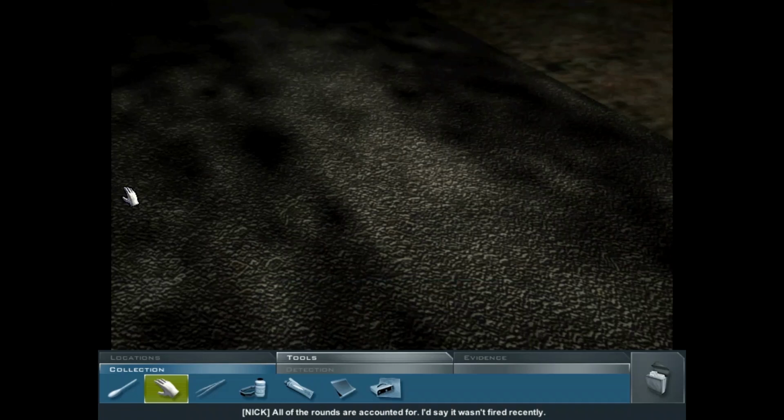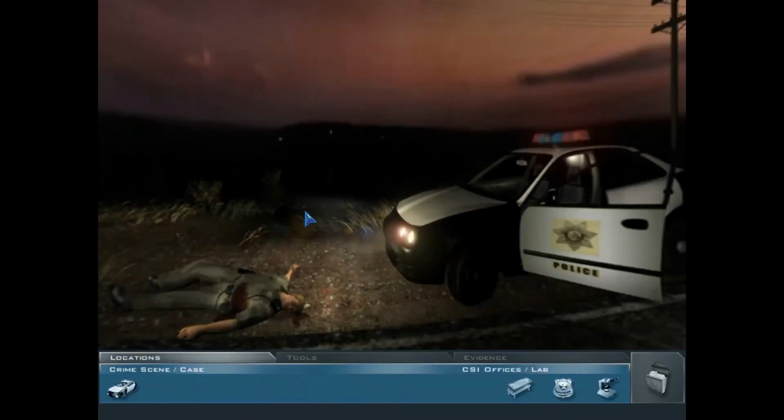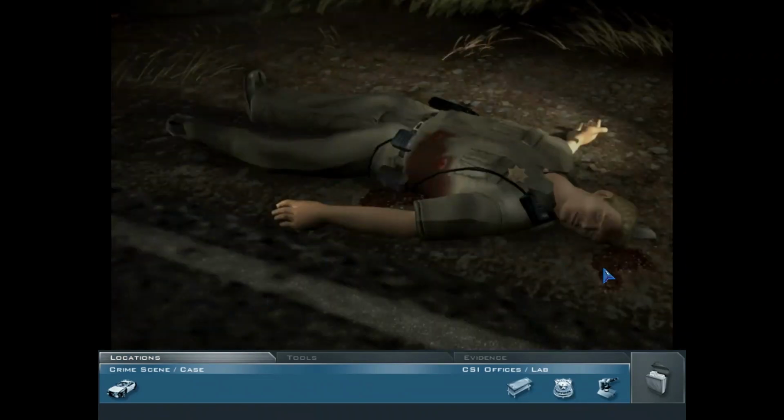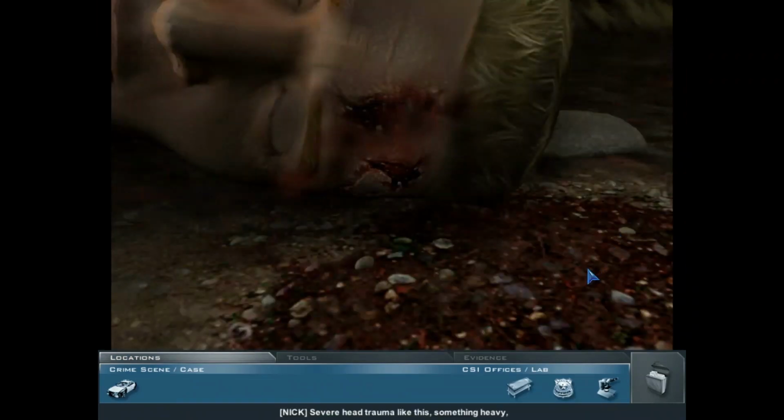All of the rounds are accounted for. I'd say it wasn't fired recently. Severe head trauma like this, something heavy, something hard's probably the weapon. We'll cast to the wound. It'll help determine what caused it.